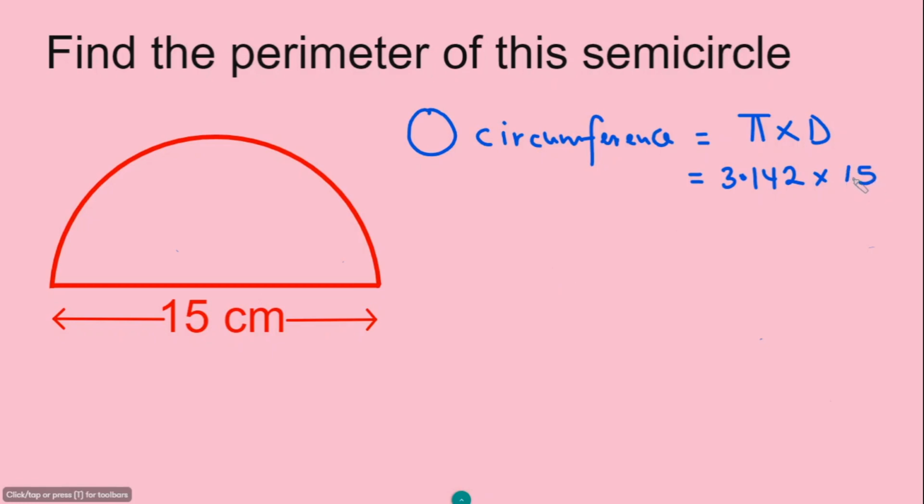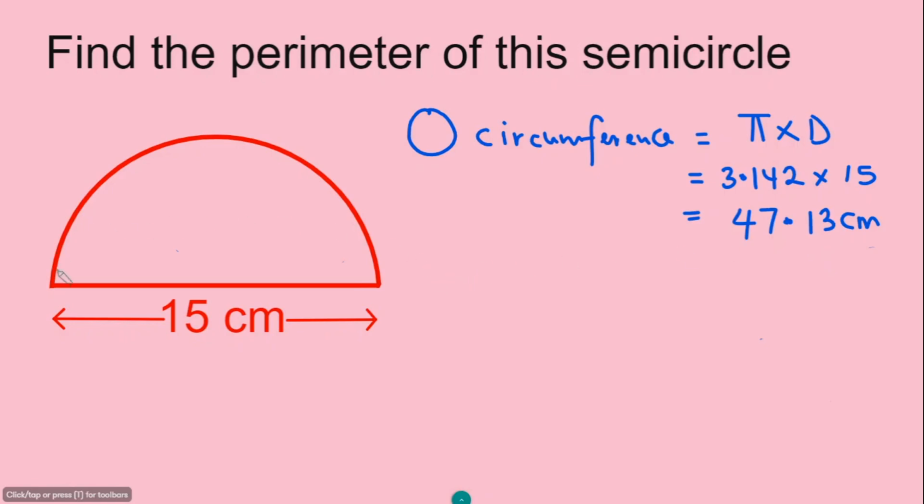I'm going to use my calculator to work this out, and this is going to give me 47.13 centimeters. Now this value represents the distance around a full circle. But to find this from here to here, which is half of the full circle, I'm going to divide this value by 2.